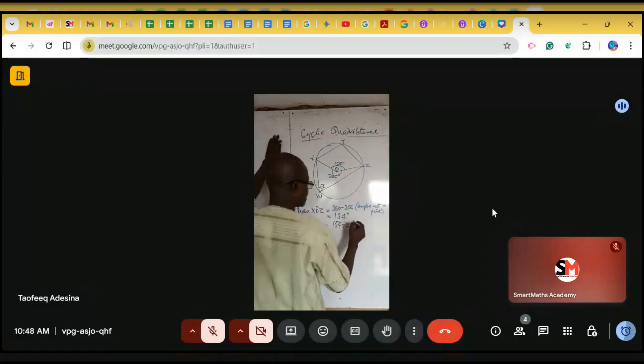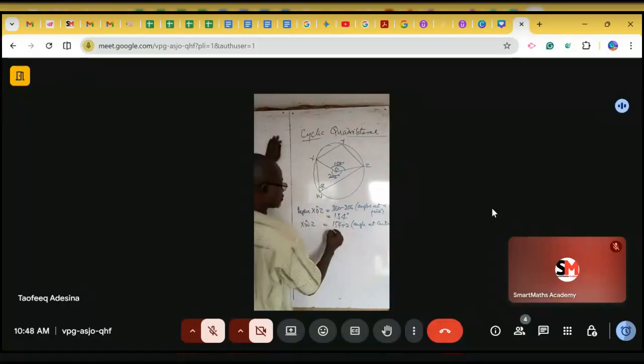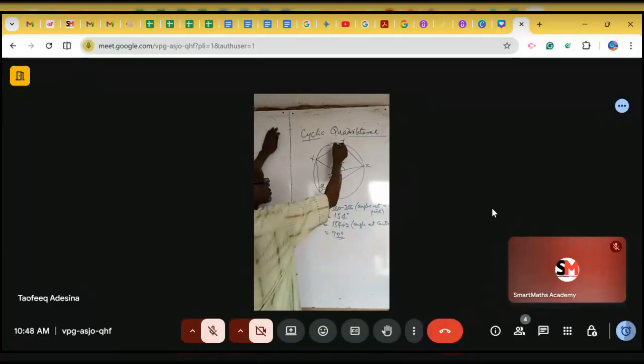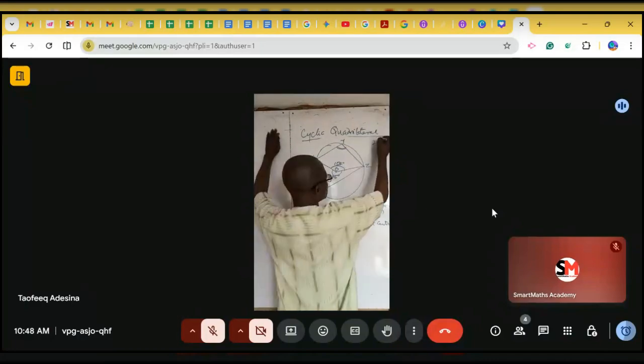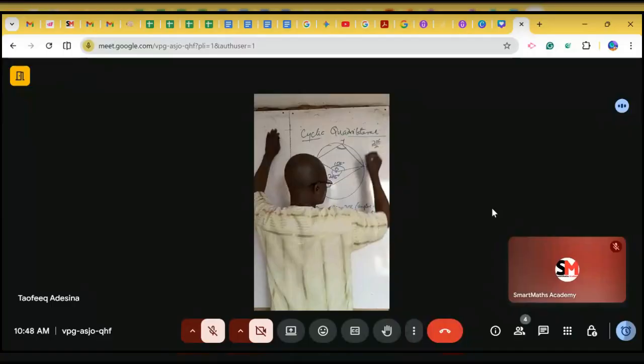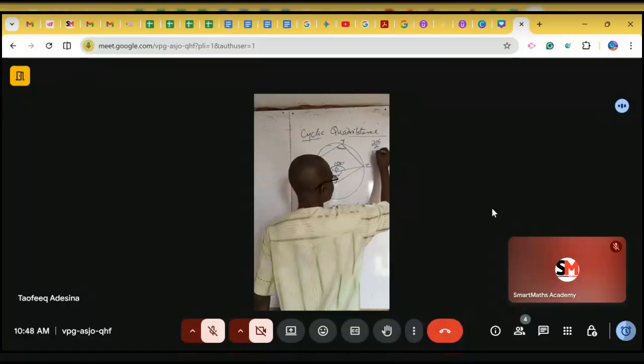That's the angle at the point. Your first point is to find this particular angle, which is half of it. That will give us 365 by 2 and 265 by 2.